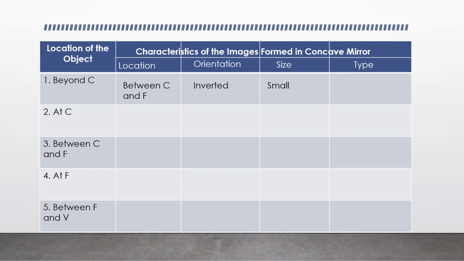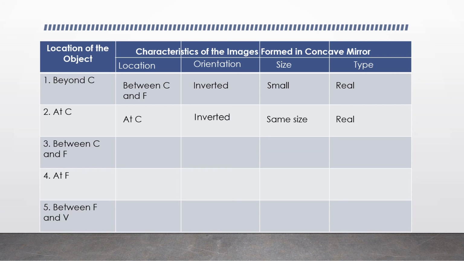It is small and the type of the image is real. What if the object is located at C? Where can you find the image? Okay, at C. The orientation is inverted. How about the size? The same size as the object. And the type of the image is also real.